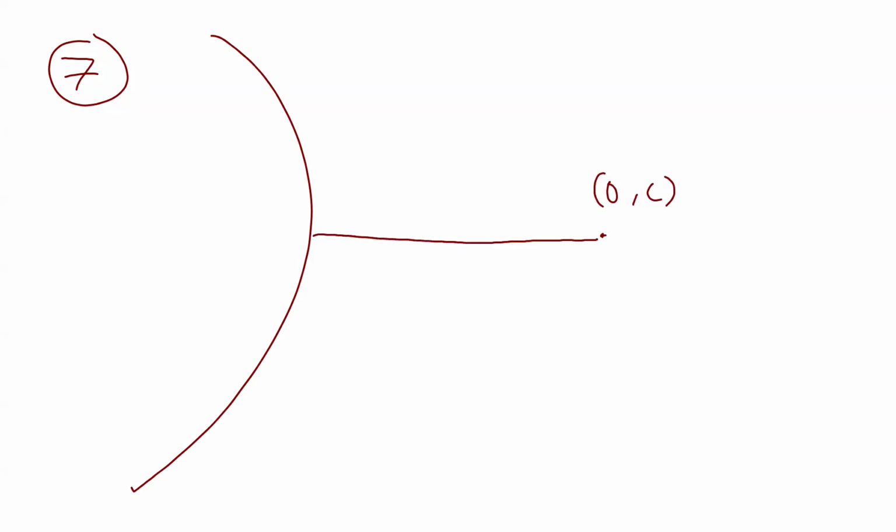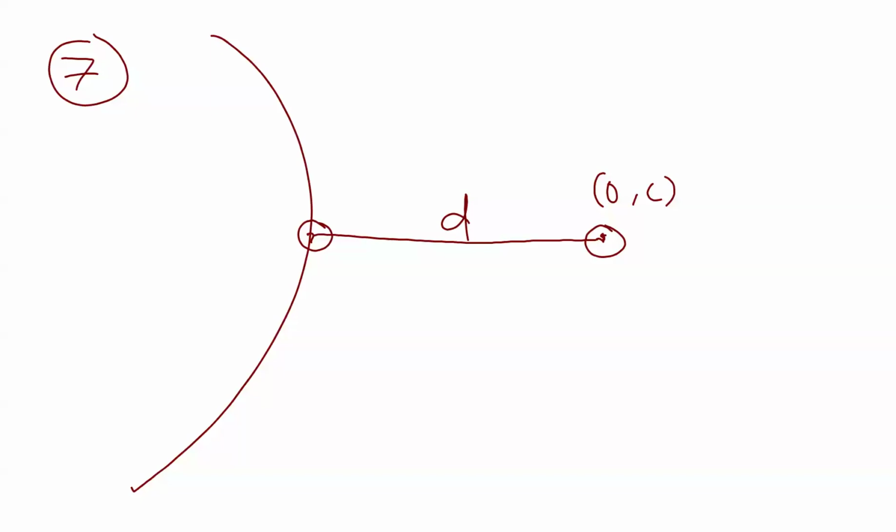So we have a parabola. Parabola is a curve. And there is one point 0, comma c. So we have to find out this shortest distance. So this d has to be minimum.